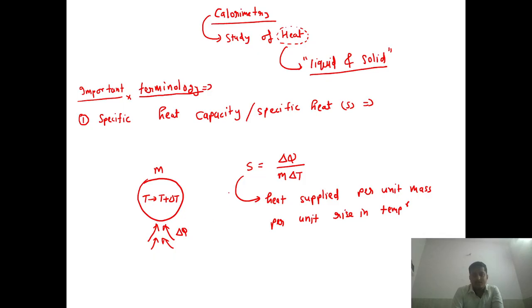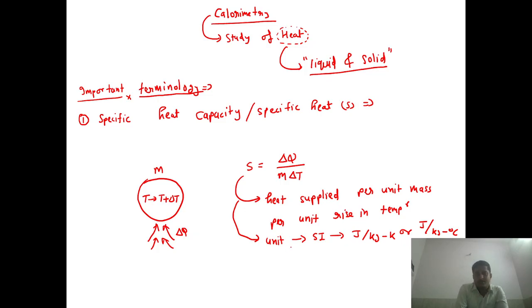If I say the unit of this specific heat, the SI unit will be joule per kg Kelvin, or we can also write it as joule per kg per degree Celsius, because change in temperature in Kelvin and degree Celsius are both the same.